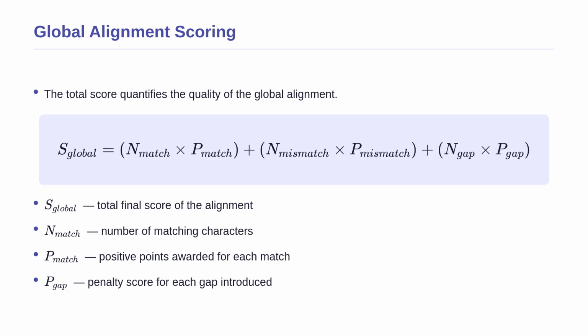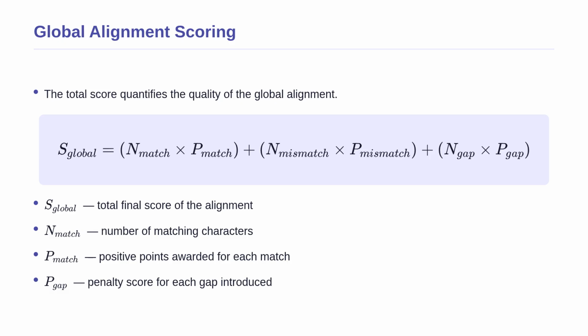Now that we understand what global alignment is, let us look at how we mathematically score it. The formula you see calculates the total final score of the global alignment, represented by S global. This score comes from adding up three components. First, we have N match, which is the total number of matching characters, multiplied by P match, the positive points awarded for each match.